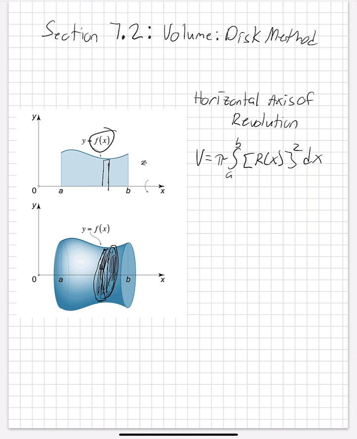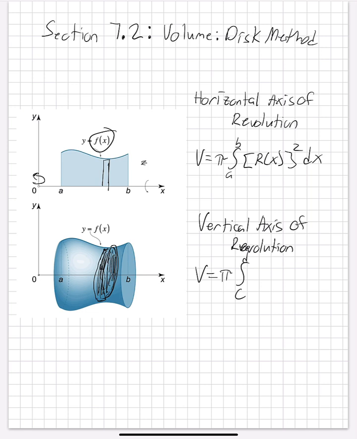Okay. If we're given a vertical axis of revolution, which means that we're rotating around the y-axis, so we're going to spin around the y-axis like this, then we use the same formula, but instead we'll be in functions of y.